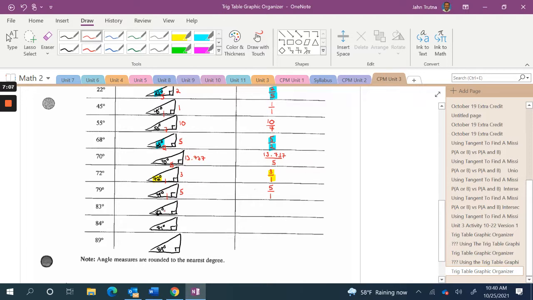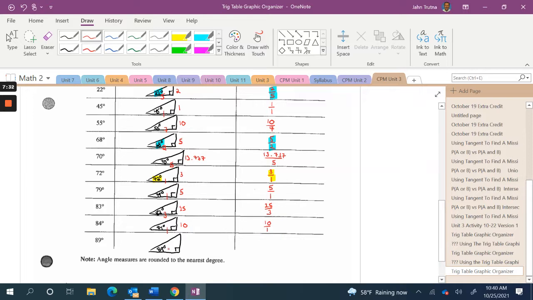Okay, when the slope angle is 83 degrees, you get delta y of 25, you get delta x of 3, which makes your slope 25 over 3. When you have an 84-degree slope angle on a right triangle, that makes the sides 10 and 1, which makes your slope 10 over 1.